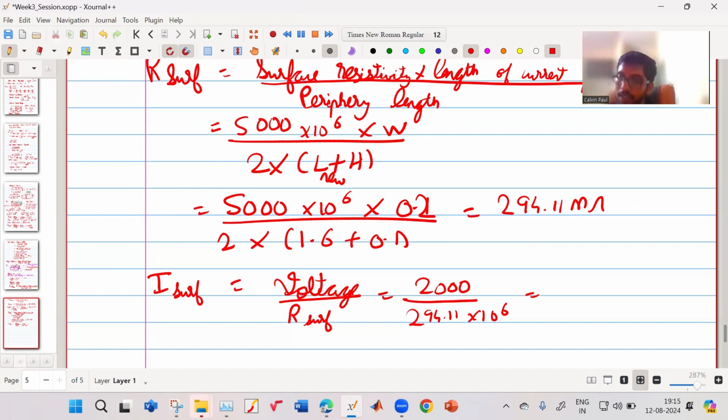Yes, 6.8. So it becomes 6.8 into 10 to the power minus 6. So it is 6.8 microampere.